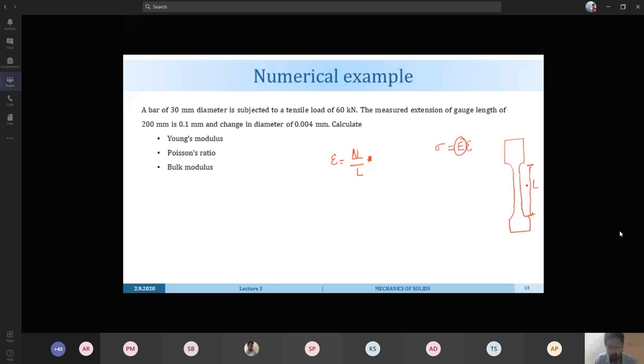And how do you find the elongation of this bar? We put 2 marks here, just visible to our eye, maybe using paint or chalk. Let it be L1.